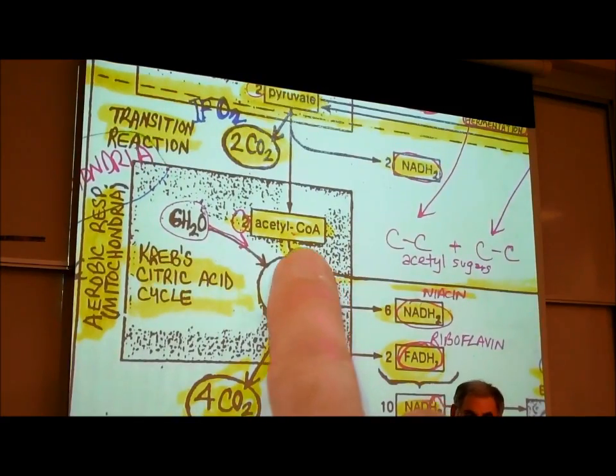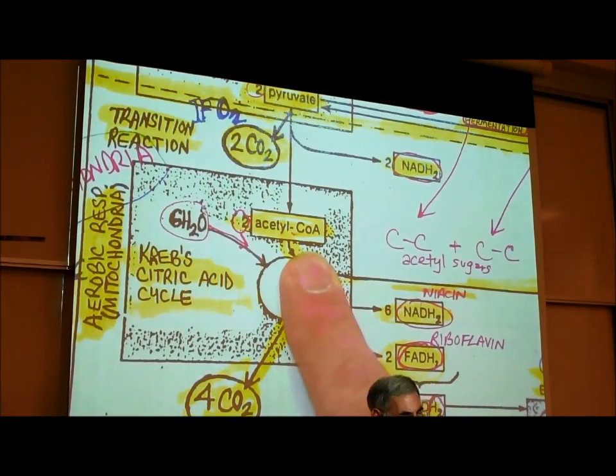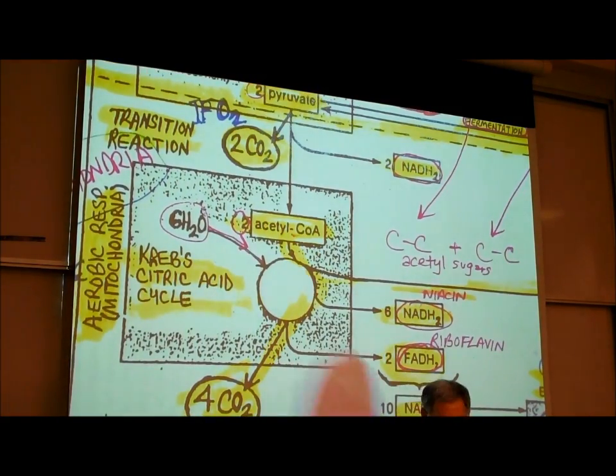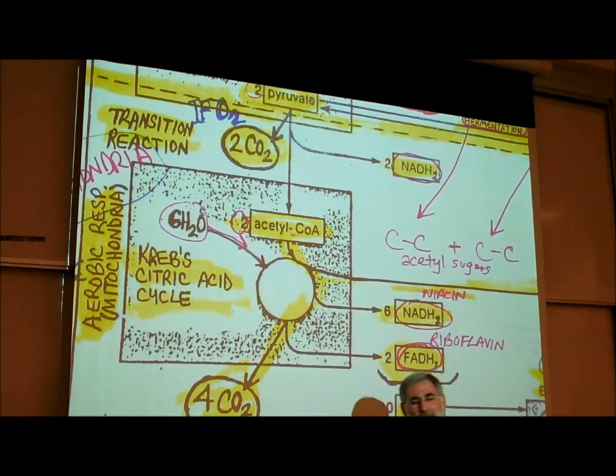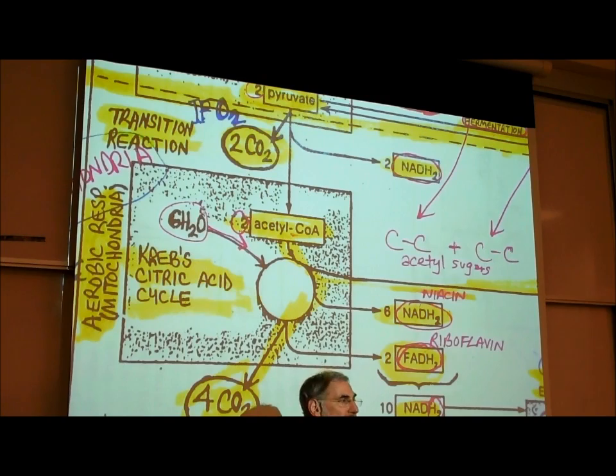Now, there is a coenzyme that plays a role, called coenzyme A, CoA. If you went back to section F, on page F5, we mentioned the B vitamins, which are involved in cellular respiration. We identified 3 B vitamins on page F5: niacin, riboflavin, and pantothenic acid.